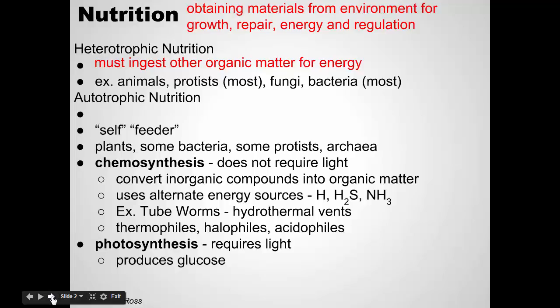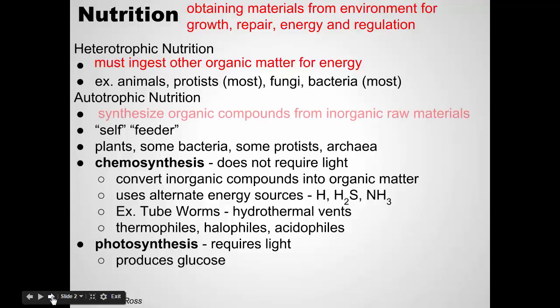Heterotrophs have to find organic matter to ingest to gain their energy. Obviously, animals are heterotrophs. Most protists, fungi, most bacteria, they all need to go and eat things in order to get energy.